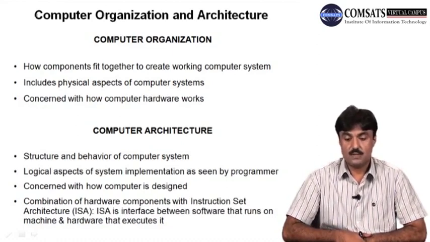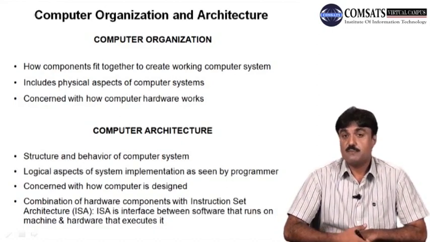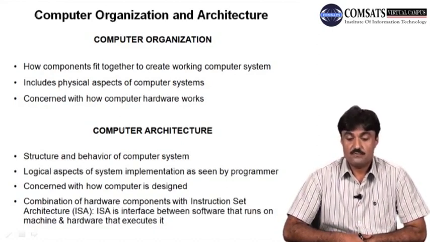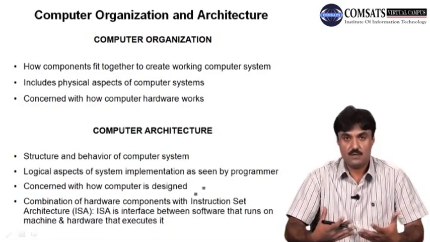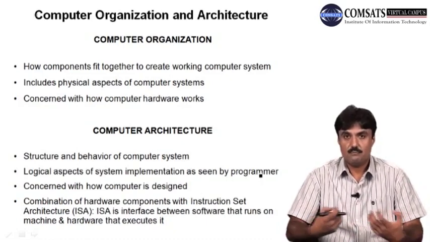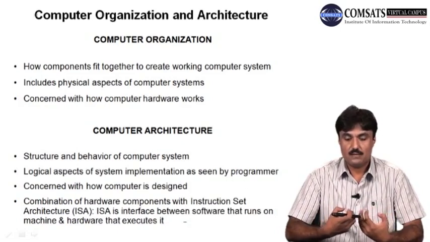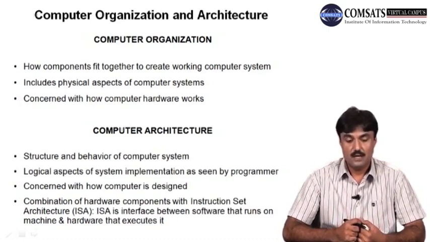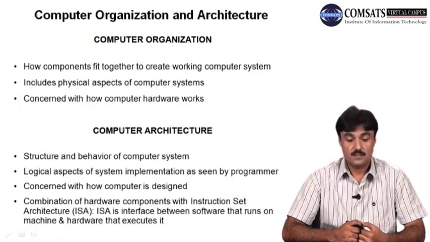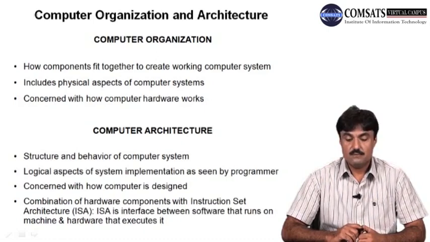Computer organization represents how components fit together to create a working computer system, meaning what different components are connected together to form a complete working computer system. It also includes physical aspects of the computer system. Third, it is concerned with how computer hardware works.